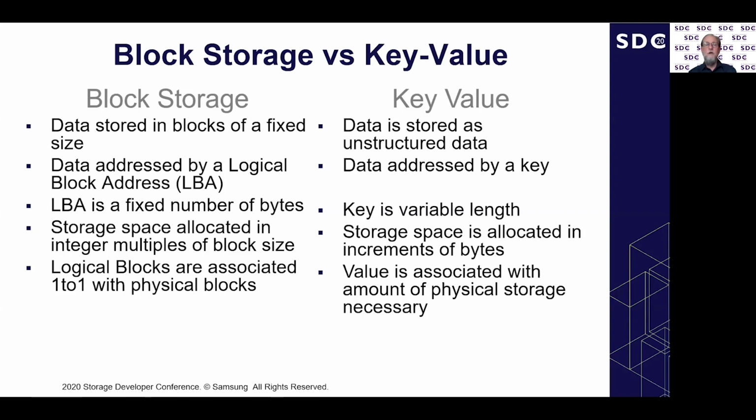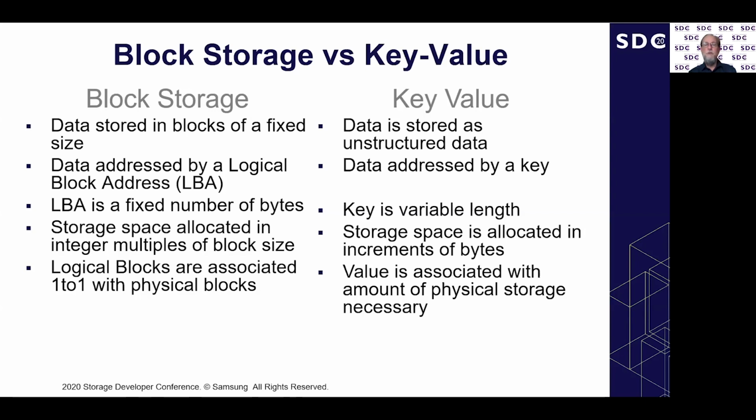In block storage, there's a one-to-one mapping between logical blocks and physical blocks. Now that doesn't mean that logical block 1 maps to physical block 1, but your storage is broken into physical blocks that are of the same size as your logical blocks. So each logical block maps to one specific physical block.